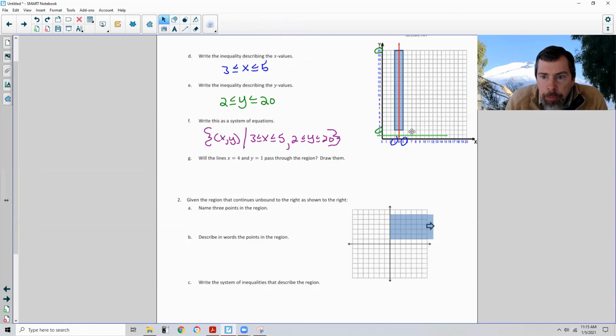Let me just move that up a little bit. Like so. So x equals 4 obviously passed right through the center, and y equals 1 did not pass through the region. And it says draw them, and there they are. So x equals 4 went through right here, and y equals 1 was below.